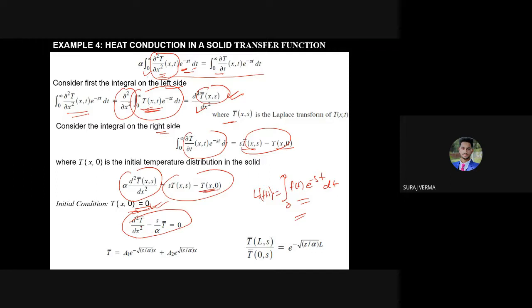Now our target is to find out the transfer function. Now, it is a simple differential equation. Temperature with respect to x, second order differential equation, just to solve it.